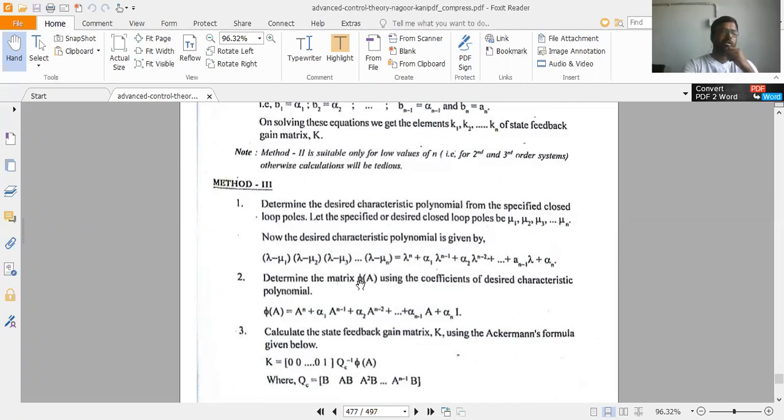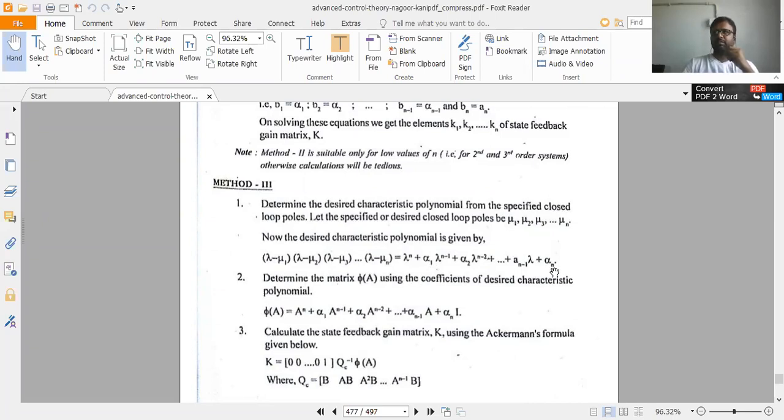That means we have to determine a matrix phi of A, and that particular phi of A is based upon the coefficients of the desired characteristic equation. The coefficients are nothing but alpha 1, alpha 2, alpha n minus 1, and alpha n.